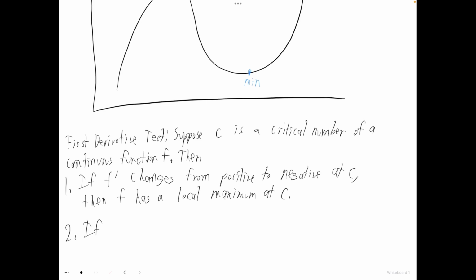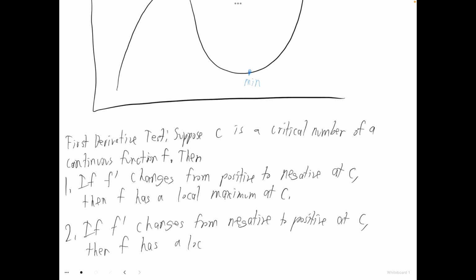Second, if f prime changes from negative to positive at c, then f has a local minimum at c.